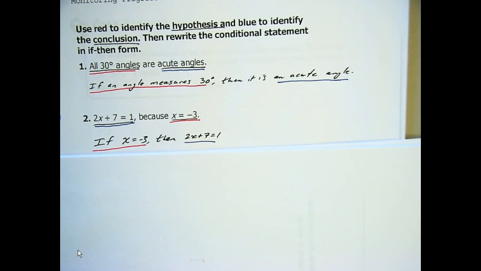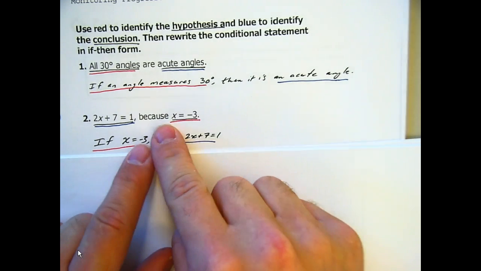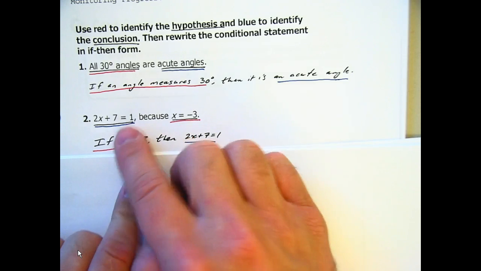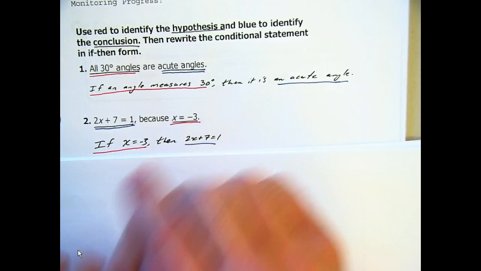All right. Any questions there? Yes, Alex. For number 2, could you do if 2x plus 7 equals 1, then x equals negative 3? Like switch it around? Not the way they're writing it, because they're saying because this, that means this is dependent on that.